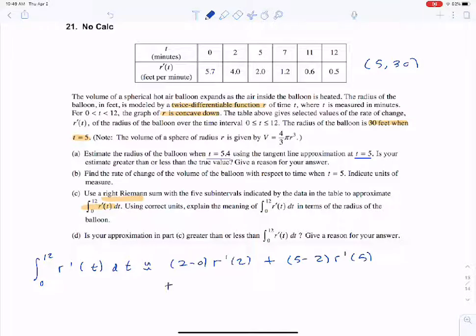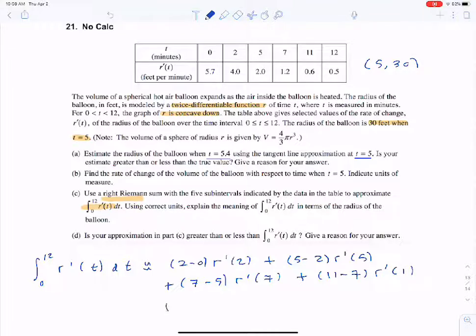To that, we're going to add 7 minus 5, and we're going to take r prime of 7, plus 11 minus 7, and we'll be doing r prime of 11.